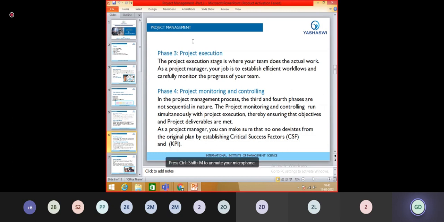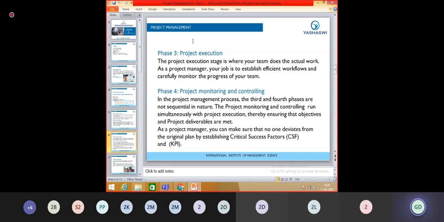As a project manager, your job is to establish efficient workflows and also to carefully monitor the progress of your team. We are covering how to find out the result of the progression of your report, which entails setting the baseline plan of that particular project and involving the team members in your actual baseline plan.